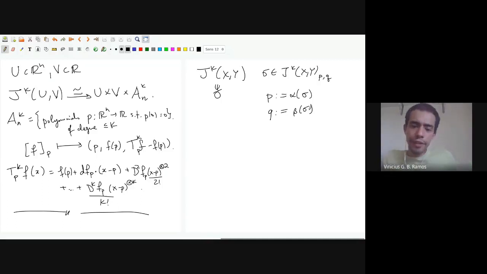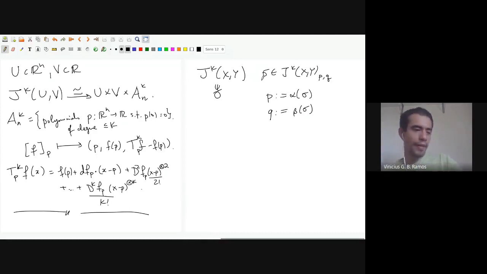And then, unfortunately, the derivative, it's a bit more complicated to say what the derivatives are. Well, the first derivative is a map from TX to TY, but then the other derivatives are harder to explain, or harder to really write down. So that's why we need this language of jets.